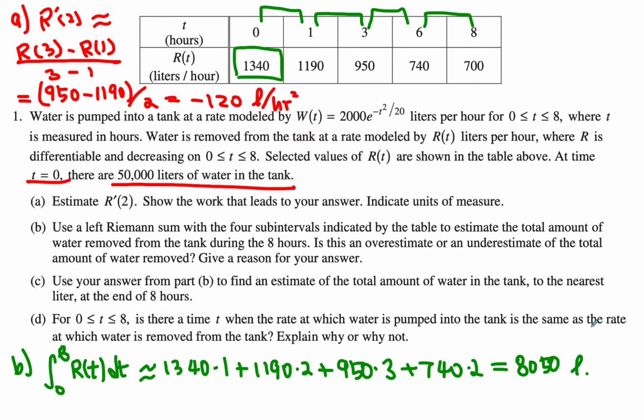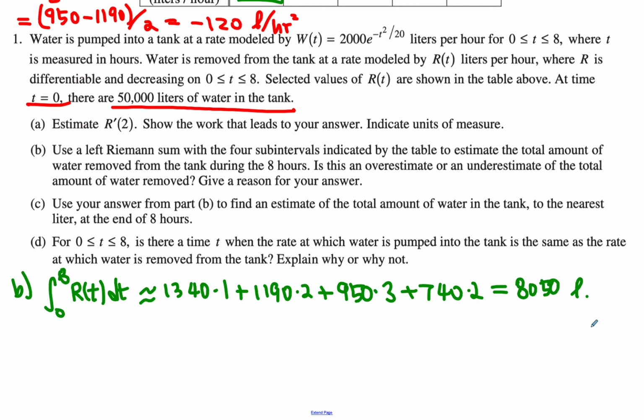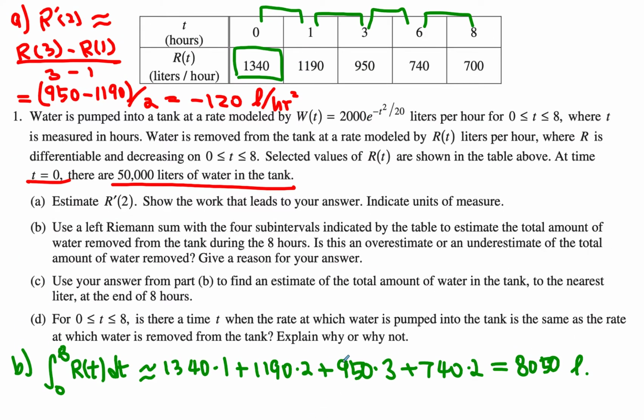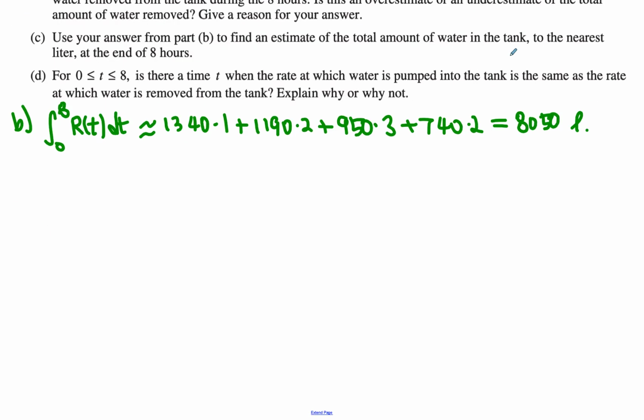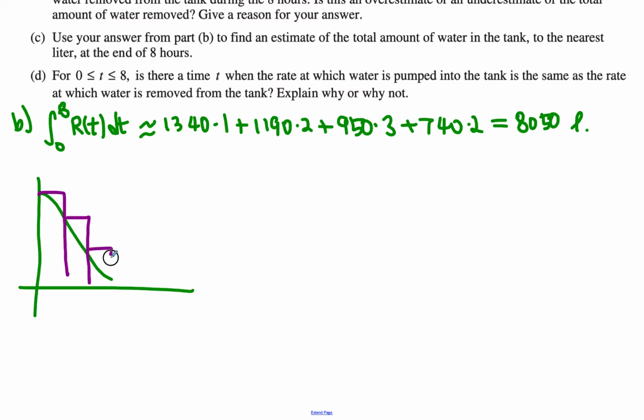Now, is this an overestimation or an underestimation? When you look at the values, they're all decreasing, as you can see. Graphically speaking, when the function is decreasing and you use the left Riemann sum, it will always be an overestimation.